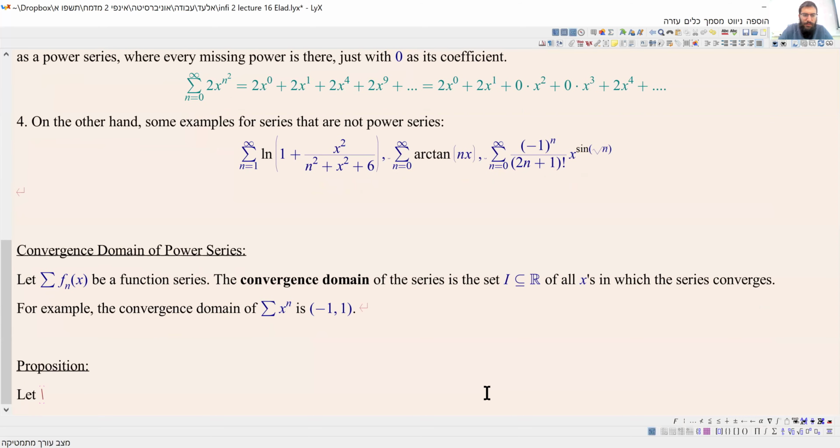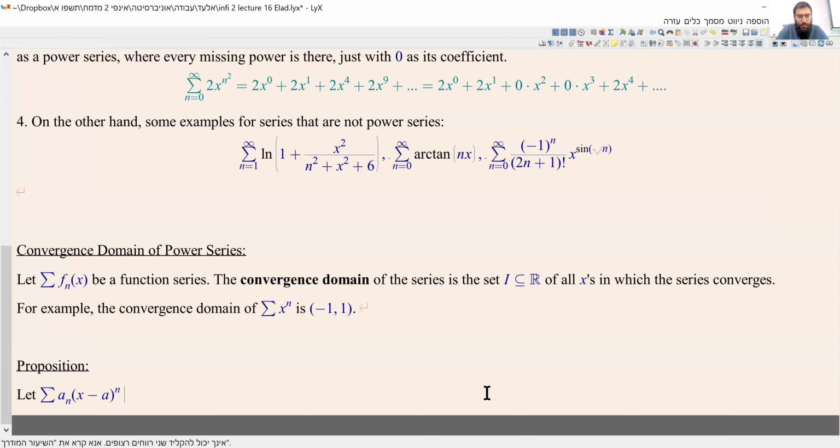Let the sum of a_n (x - a) to the power of n be a power series, and let I be its convergence domain. Only 3 cases are possible.